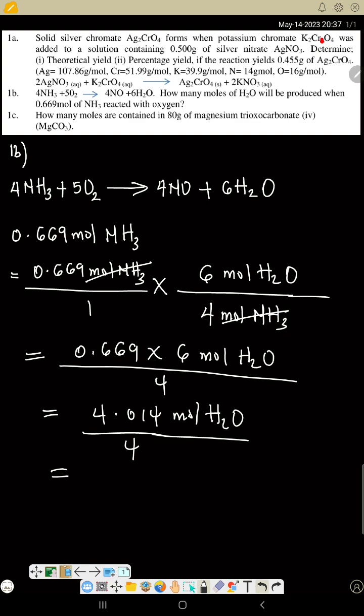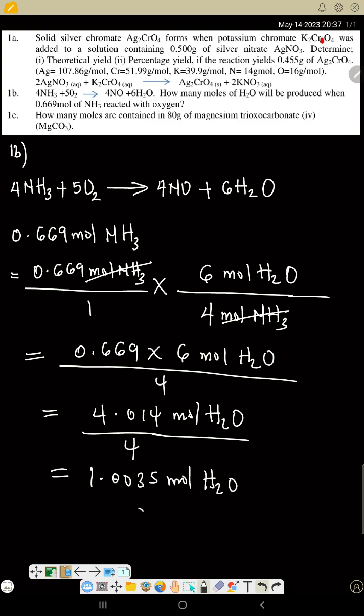So 4.014 divided by 4 is 1.0035 mole of water. So that is 1B.